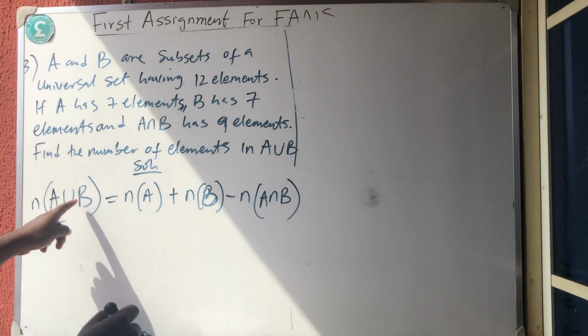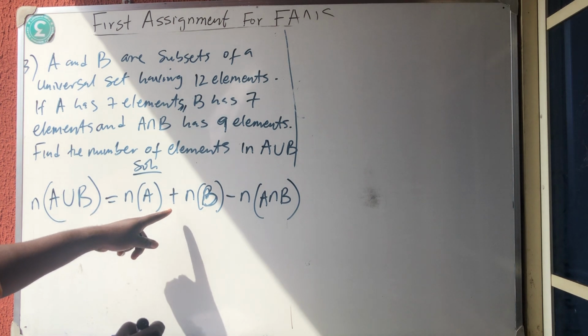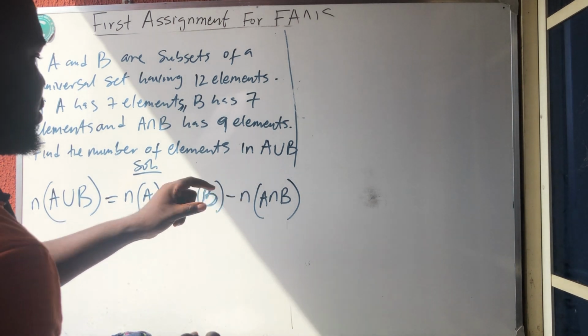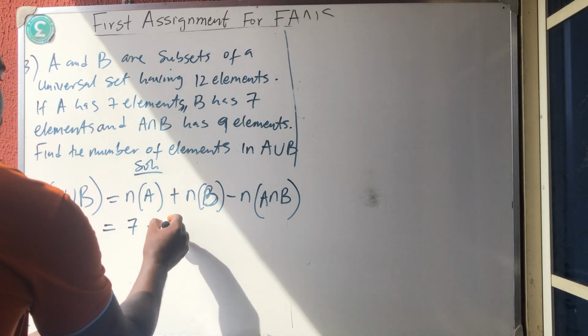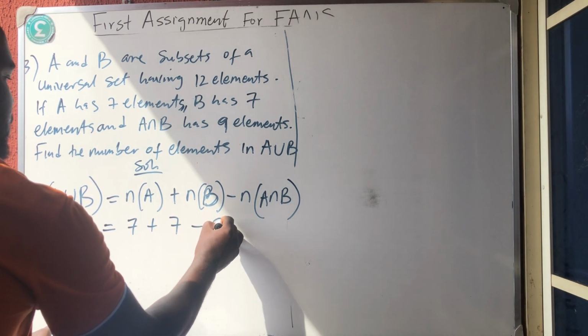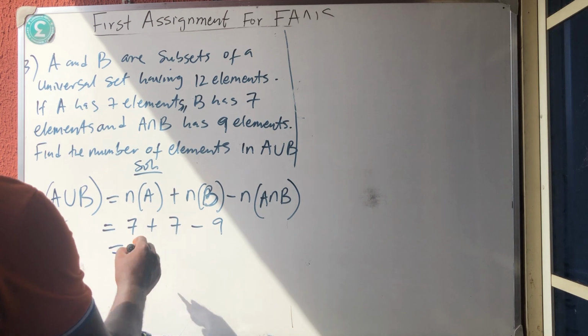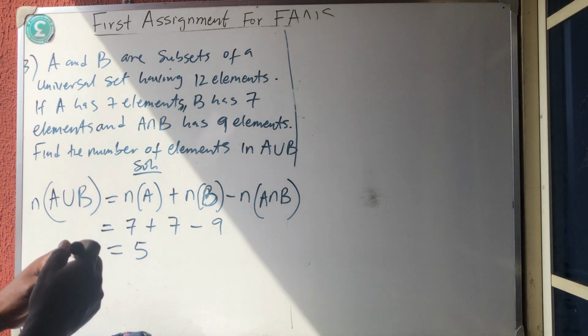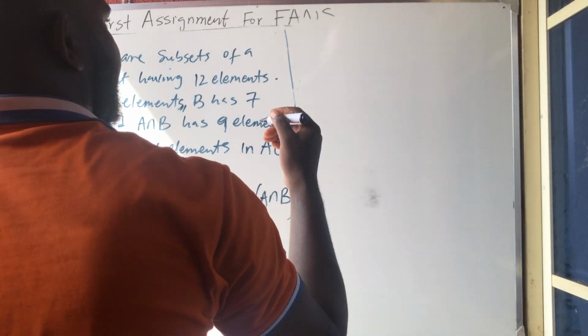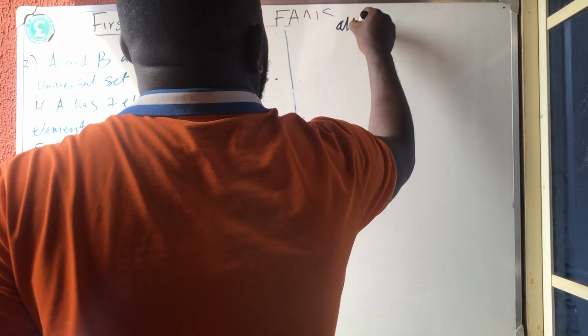So number of A is 7 plus another 7 minus 9. So I'm having 14 minus 9, which will give me 5. Okay, so we got this as 5. So let us solve it with Venn diagram alternatively.